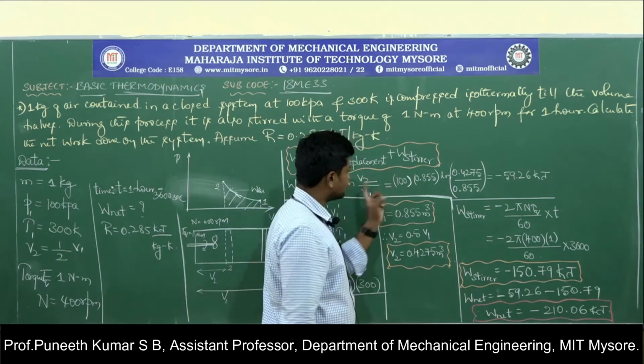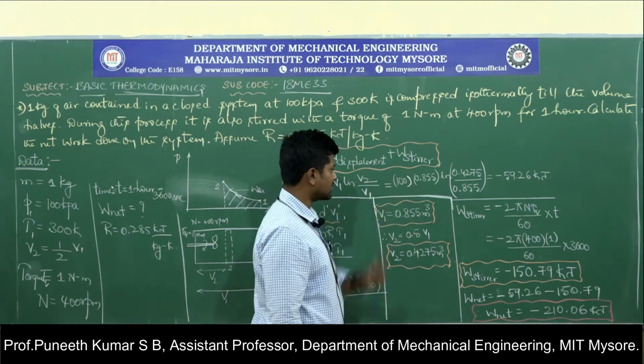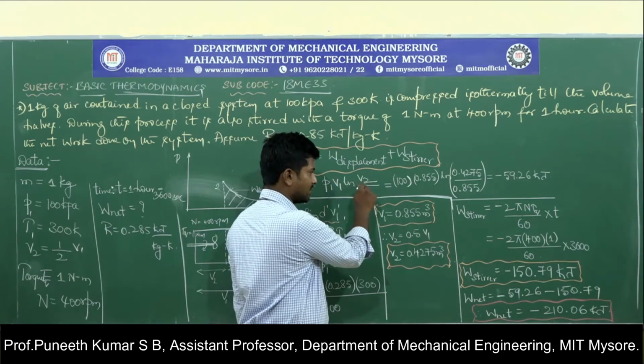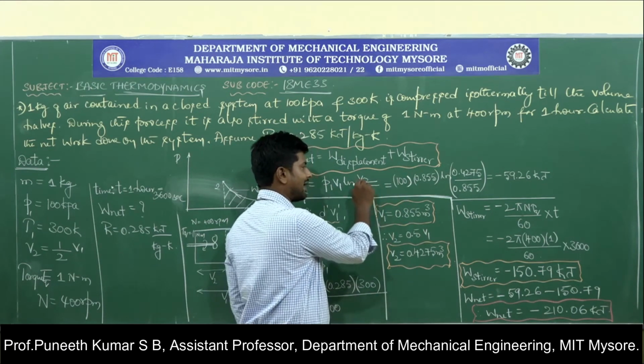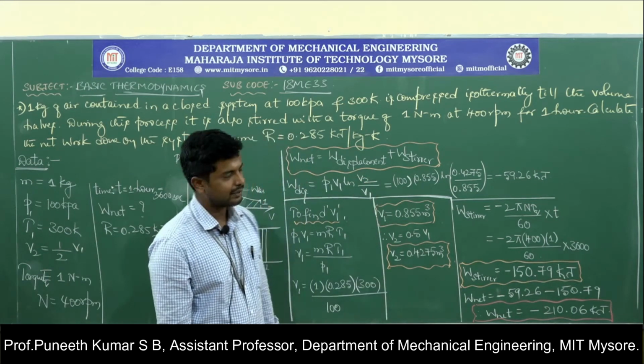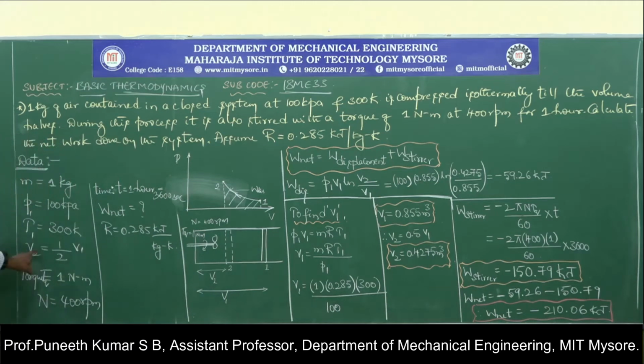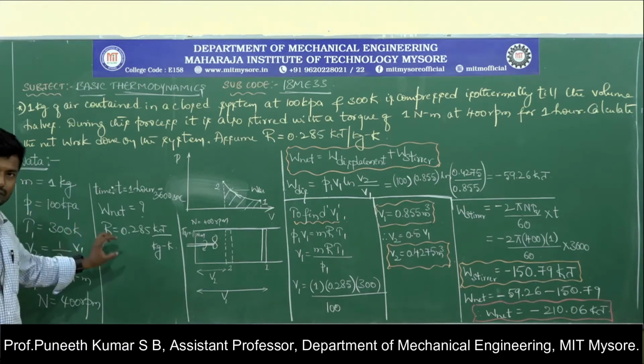So, before substituting the values into this equation, the relation between V1 and V2 has been given, but the individual values have not been mentioned. The relation is that the final volume is half that of the initial volume.